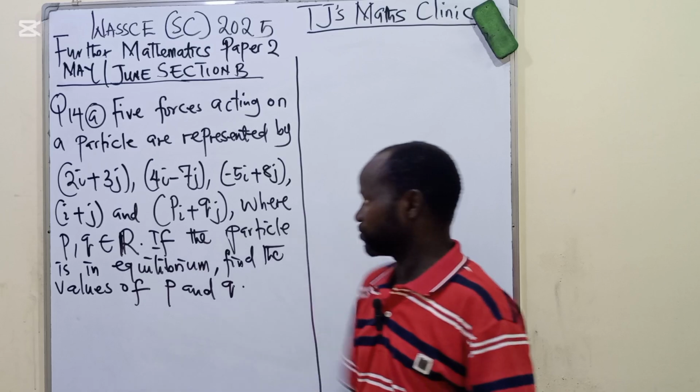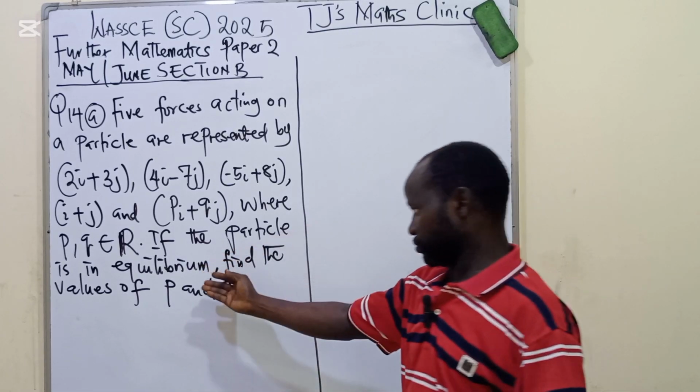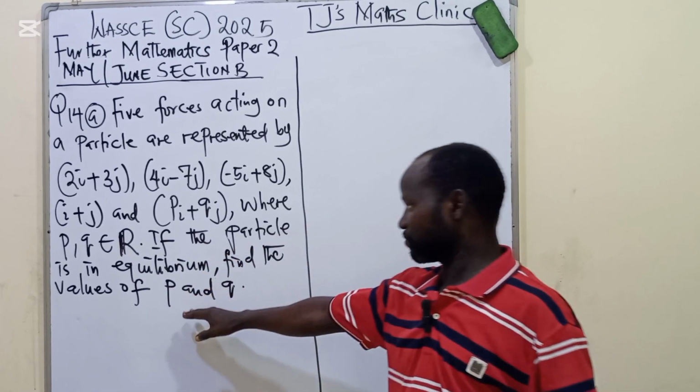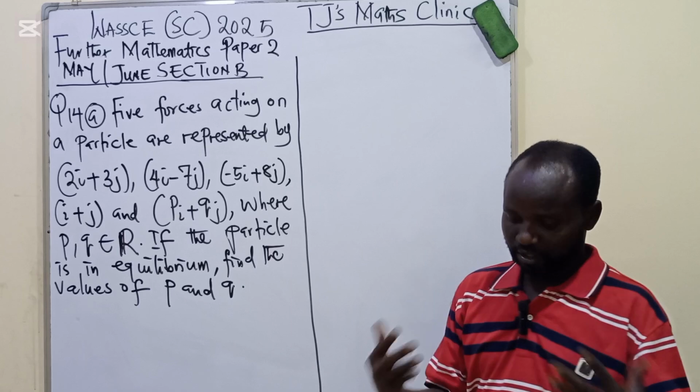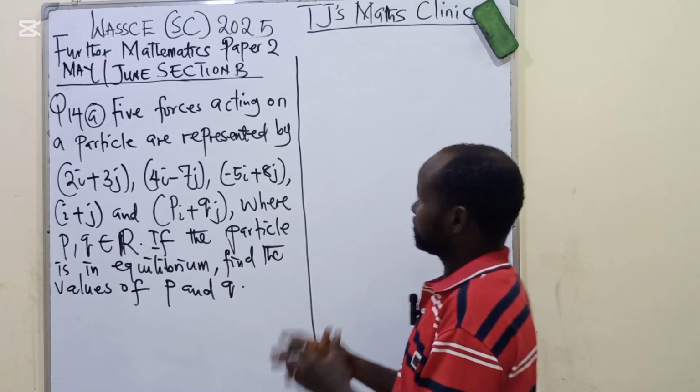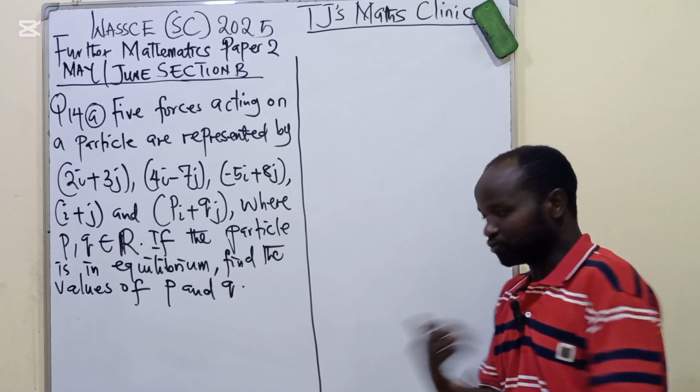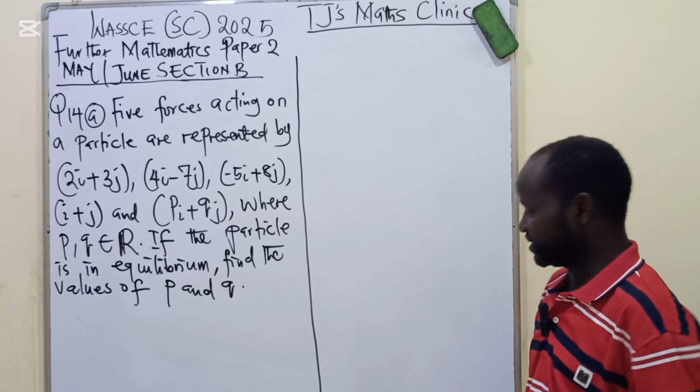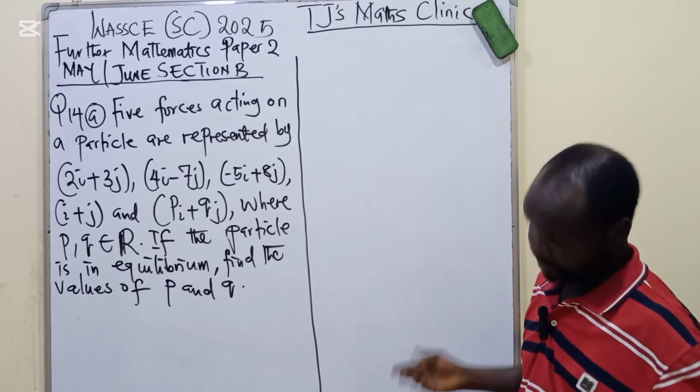This is the sign for real number. If the particles are in equilibrium, we are asked to find the value of p and q. If that system is in a state of equilibrium, what will be the value of p and q respectively?